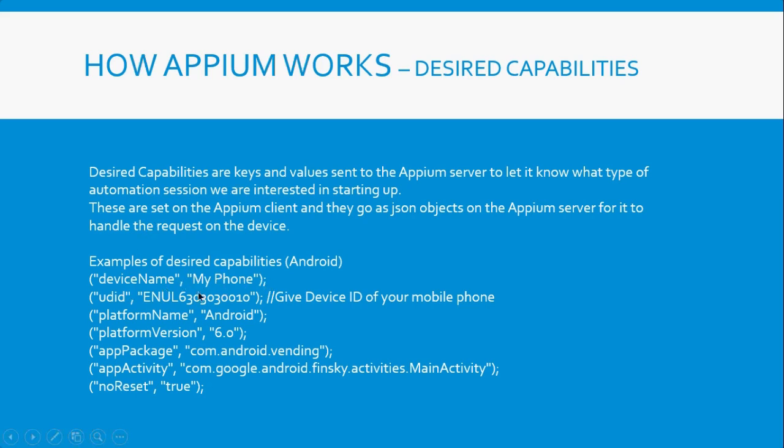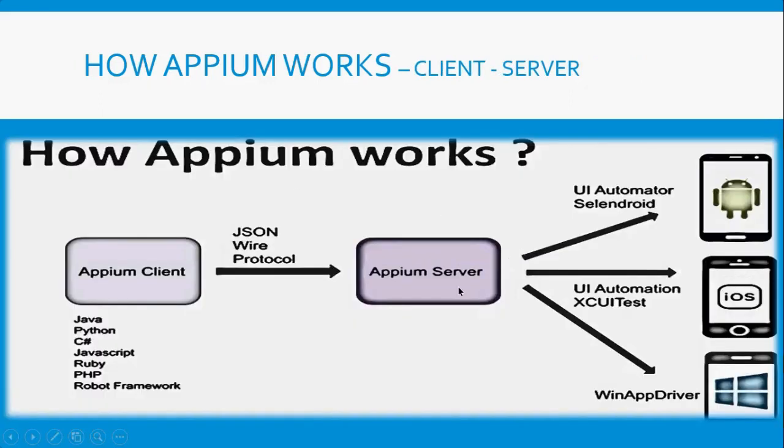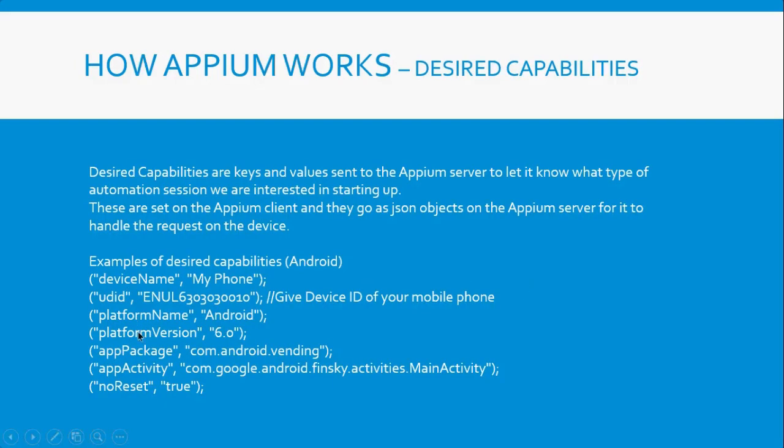Examples of desired capabilities are the device name, which is your phone name and could be anything, and the UDID, which is like the device ID of your phone. So when the Appium client is trying to send a message to the server, it makes use of these desired capabilities.